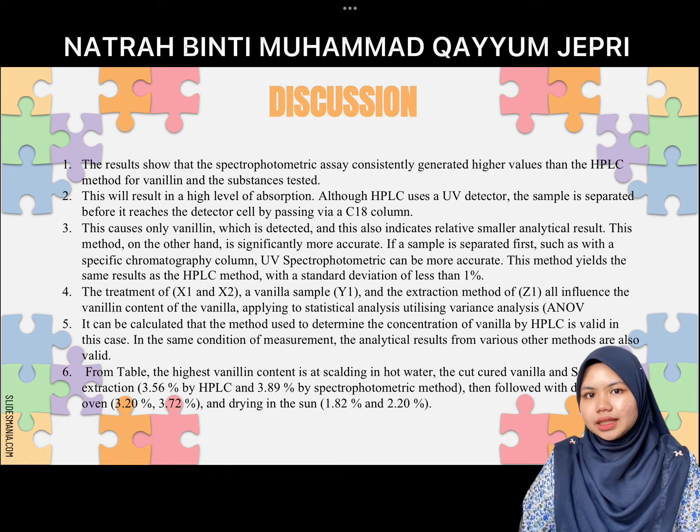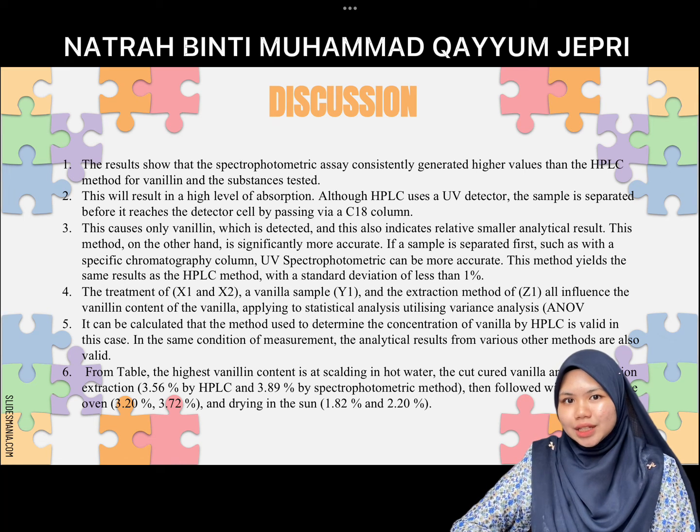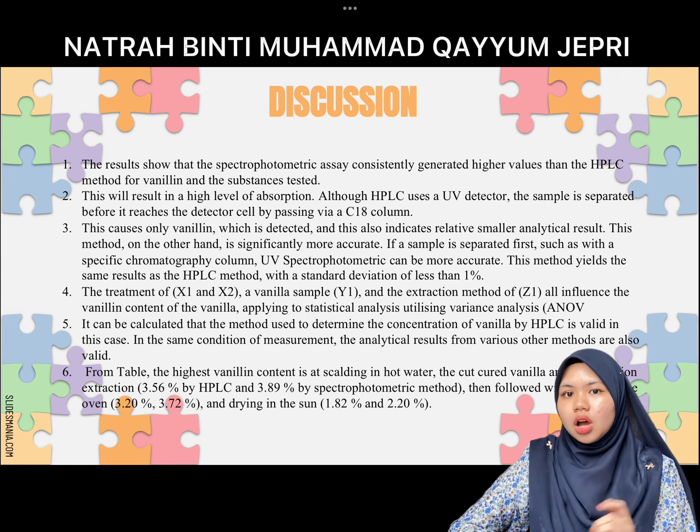This method yields the same result as the HPLC method with a standard deviation of less than 1%. These present data agree with previous data, in which the amount of vanillin for 4 samples determined by the spectrometric assay yielded higher than the HPLC method. The treatments X1 and X2, the vanilla sample Y1, and the extraction method Z1 all influence the vanillin content of the vanilla.